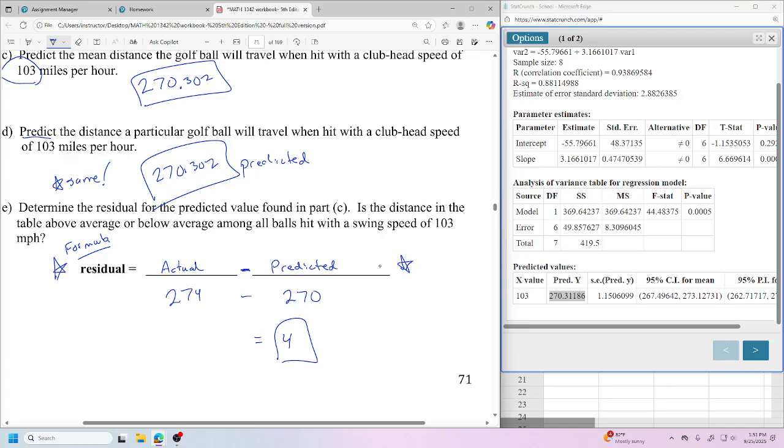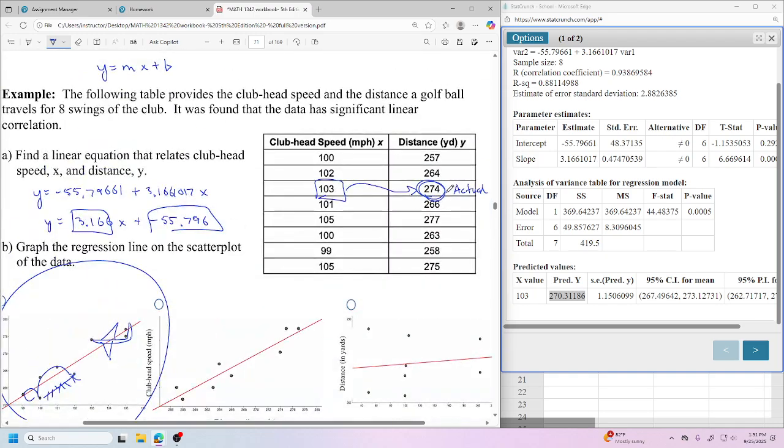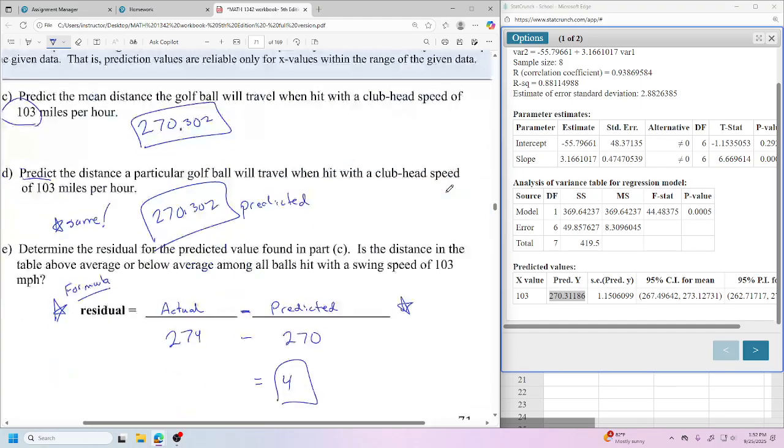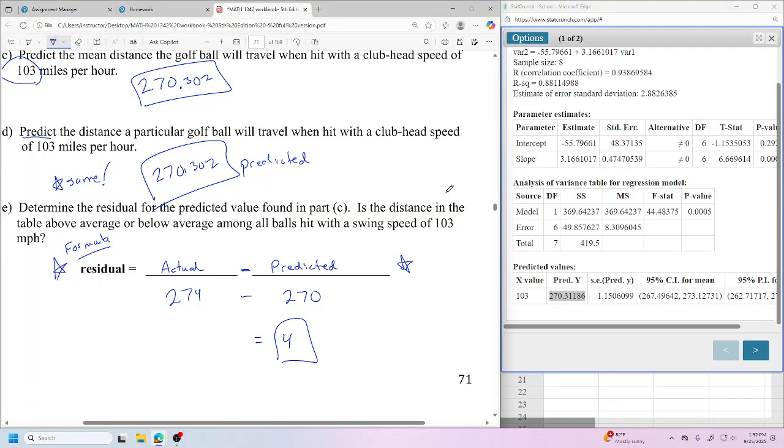I'm going to do whole number because, yeah, who knows? From the table. Yeah, from the table right there. I like that.